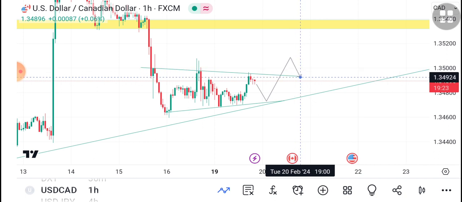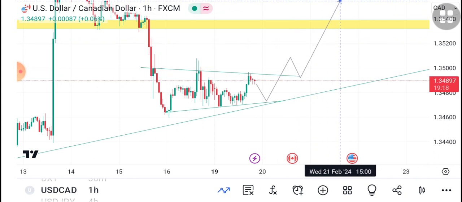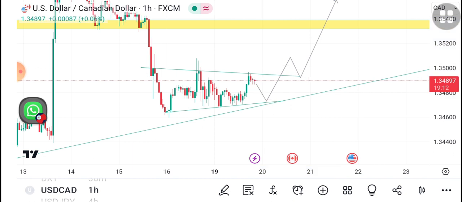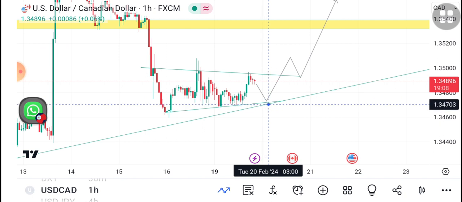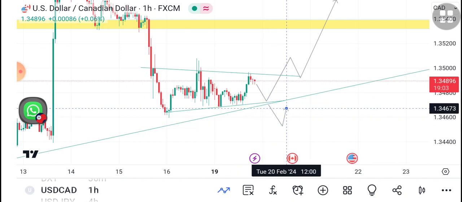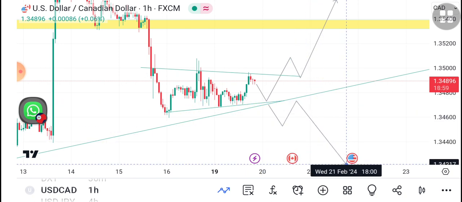If it breaks out here, we're waiting for a retest and we buy for the long run. And if it fails to give us the bullish movement that we want, we're going to wait for the market to break both the support of our pattern and our actual support, and we are going down.